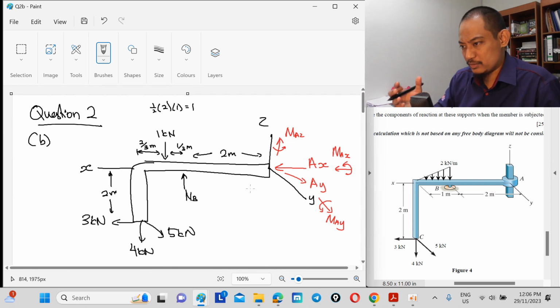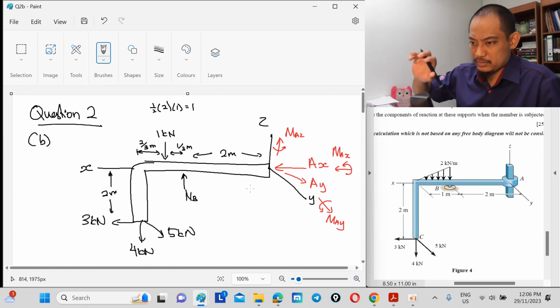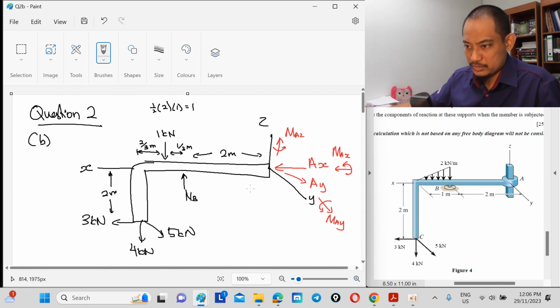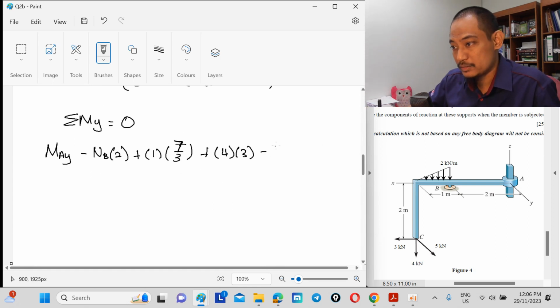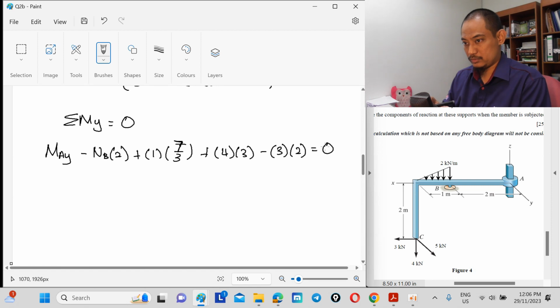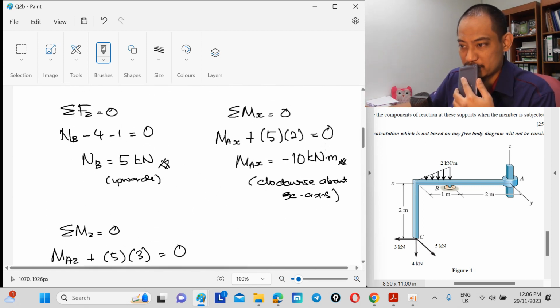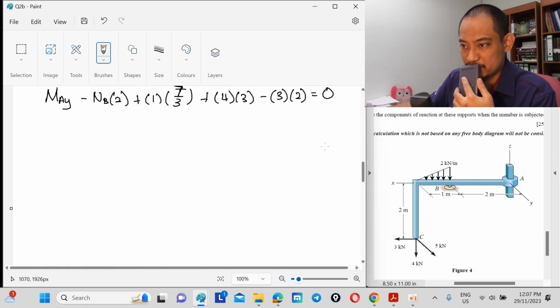5 kilonewton doesn't rotate about y. 3 is clockwise, so minus 3 times 2. Minus 3 times 2 equal to 0. That's all, right? Wait, NB already has the value, right? So NB is 5.